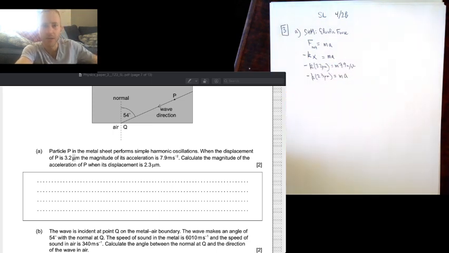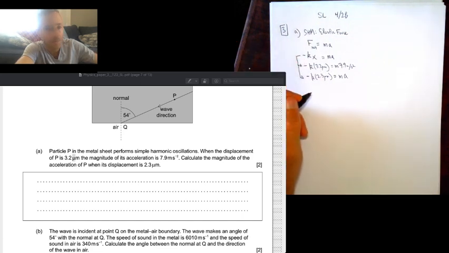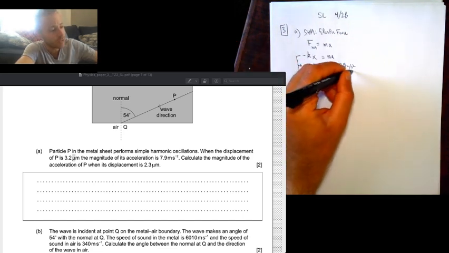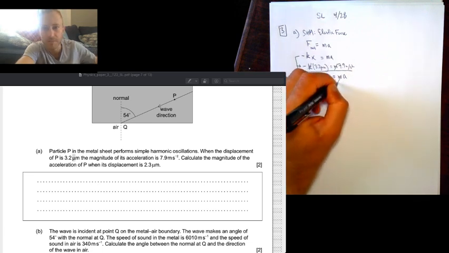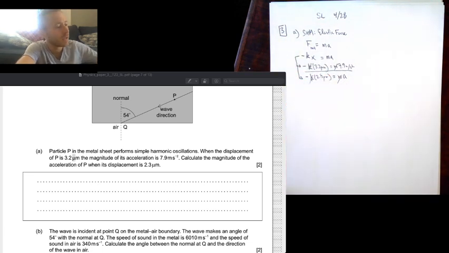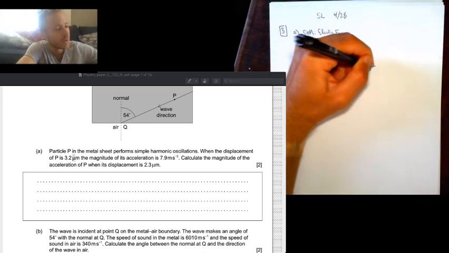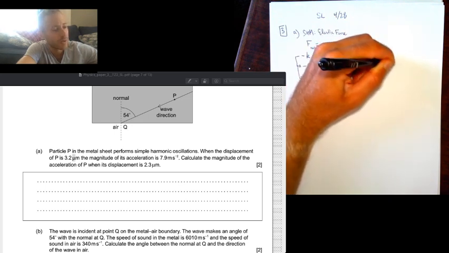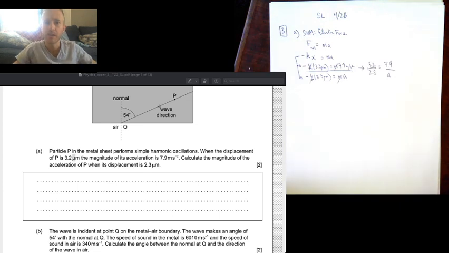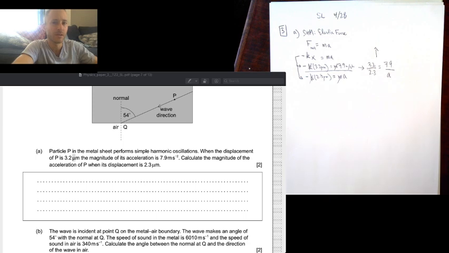I don't know the mass of the particle. But if I take the ratio of these equations, then the k's cancel out and the masses cancel out. So what I get is 3.2 over 2.3 equals 7.9 over the acceleration. And so that's going to allow me to solve for the acceleration.